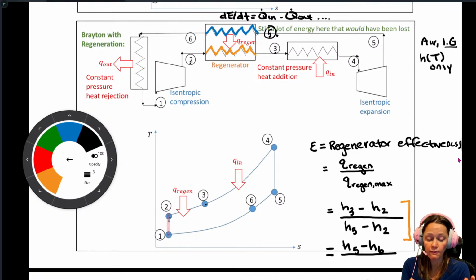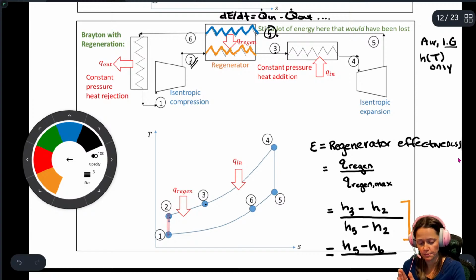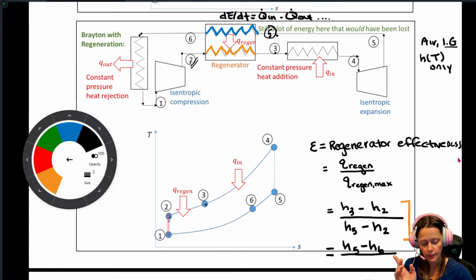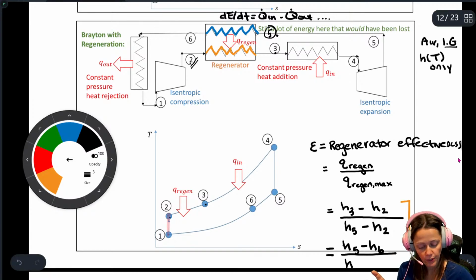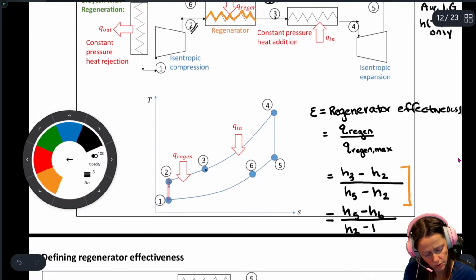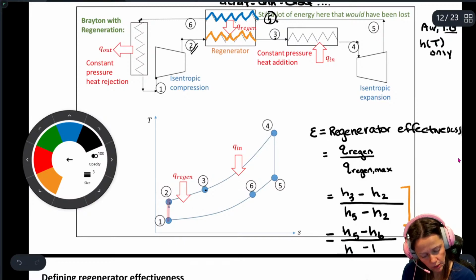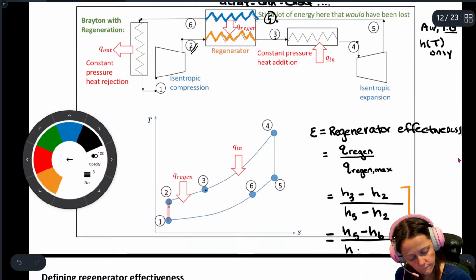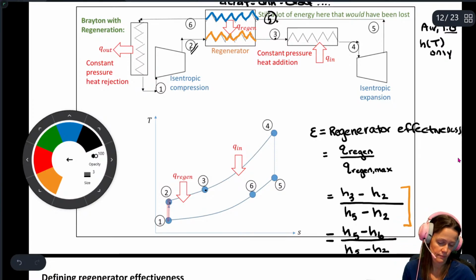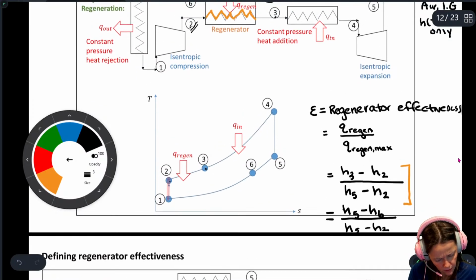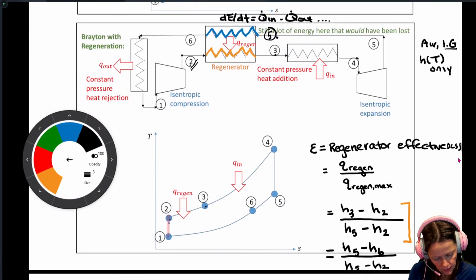That would be if, by the time your working fluid flowed from state 5 to state 6, it had cooled all the way down to the same temperature as state 2. In that case, your H6 would be H2, so H5 minus H2.